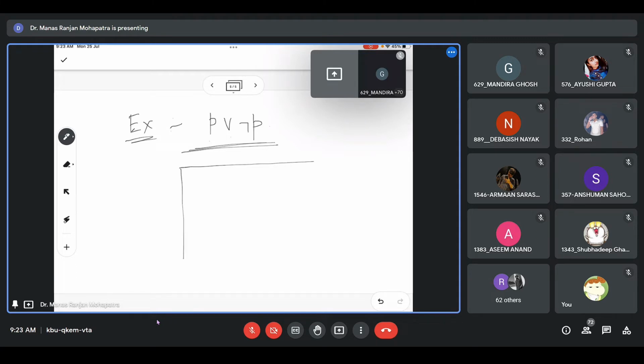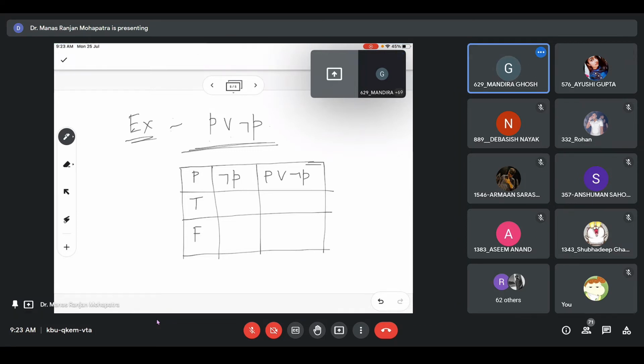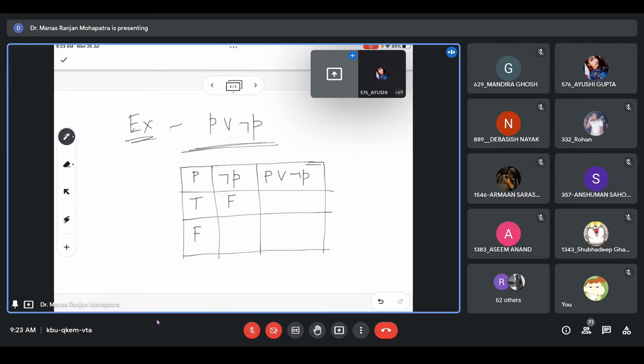Suppose I have the propositional variable P here and negation of P here. Then at last I will find P disjunction negation of P. Then I have two choices for P. P can be true, P can be false. Now, if I have these two choices for P, what will be negation of P? False and true.